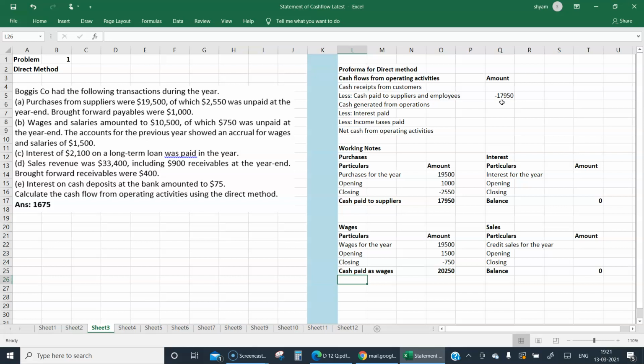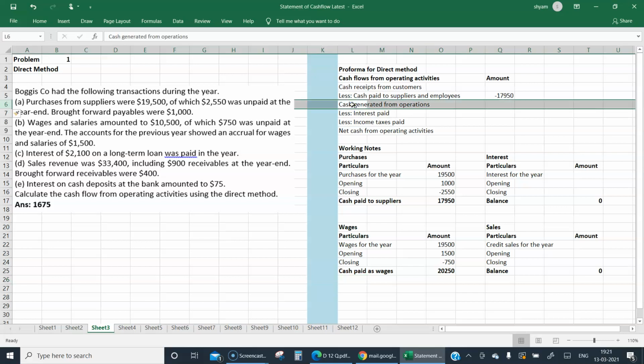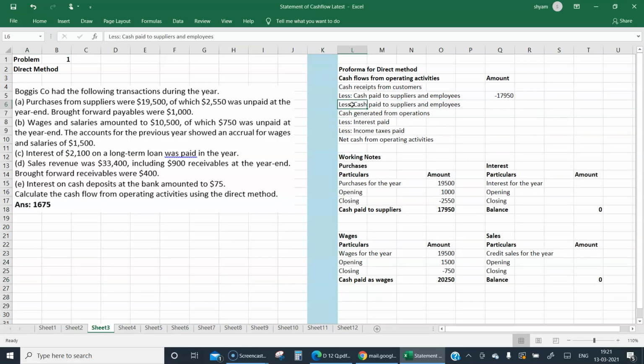We can put it here. We'll take one line down. So cash paid to suppliers is this number, and cash paid to employees is this number.